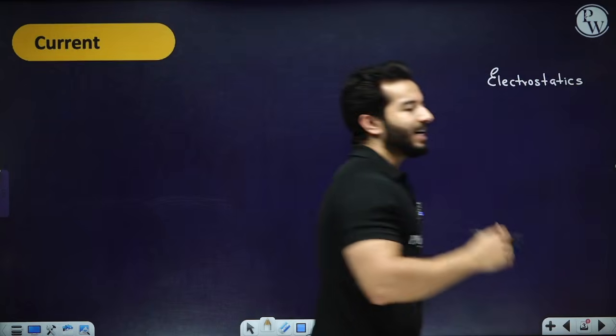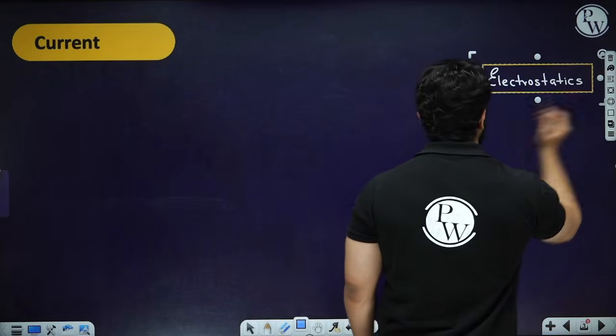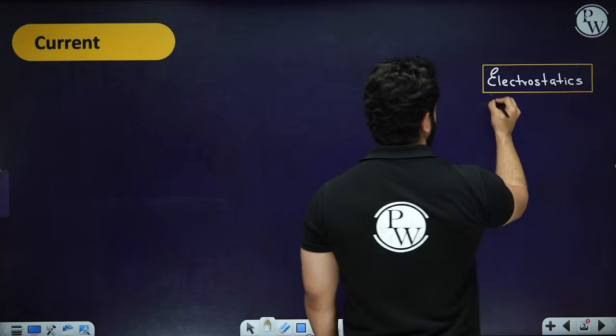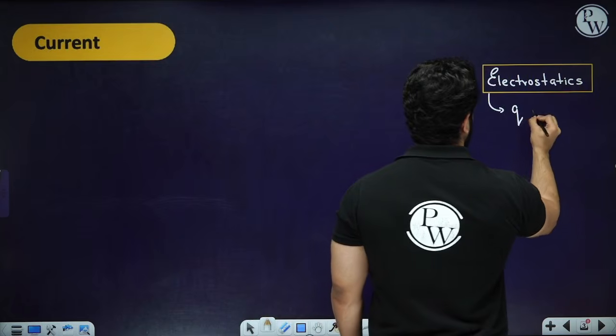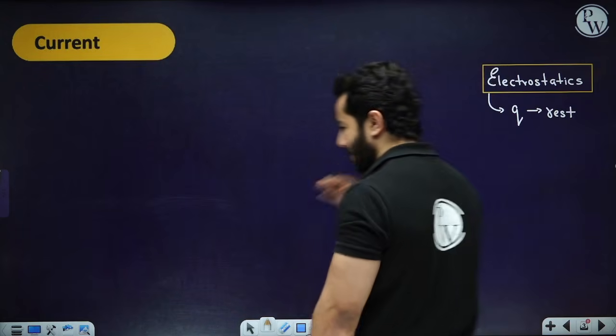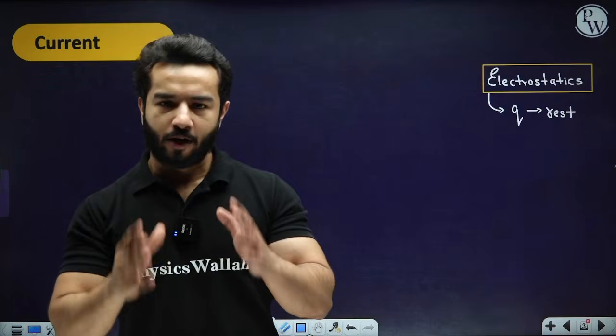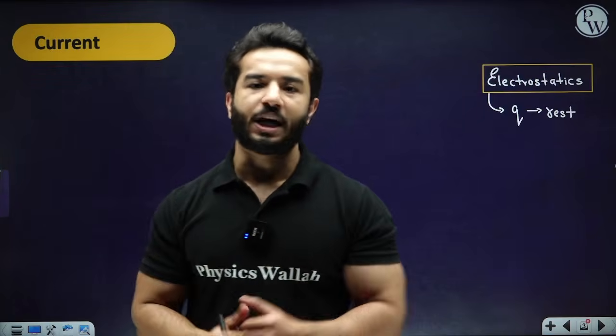Charge will remain at rest, right? This was the fundamental principle of electrostatics, that the charge was at rest, and we discussed Coulomb's force and all of those things that you have done in chapter 1 and chapter 2.